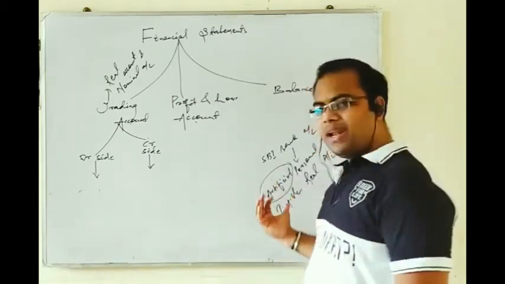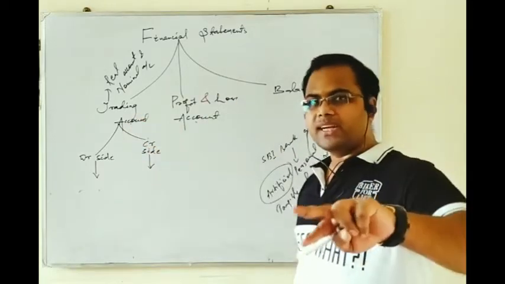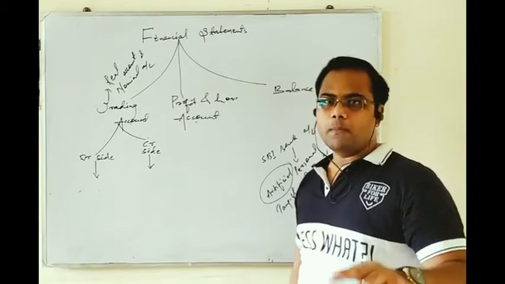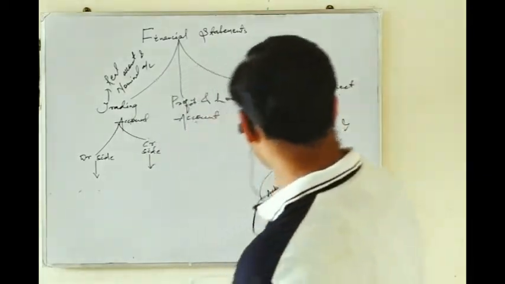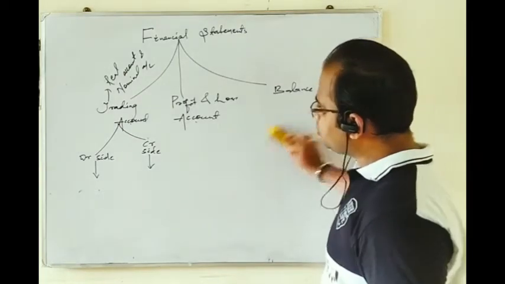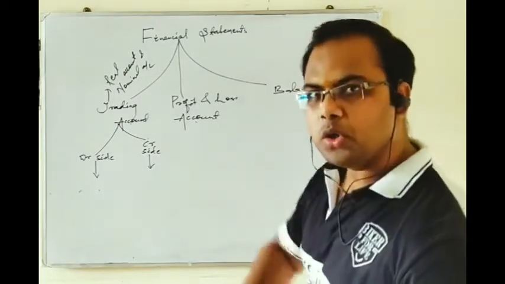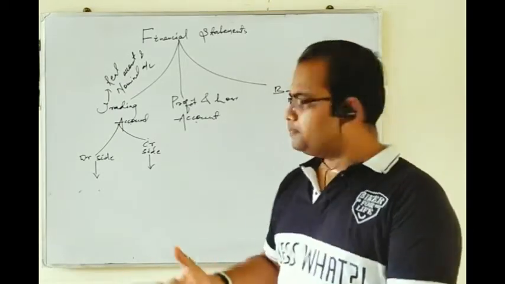Okay. So similarly, there are some accounts which can be named as both types: personal or nominal, personal or real, or nominal. Likewise, trading account is also a real account and also a nominal account according to different persons, different suggestions and different rules.